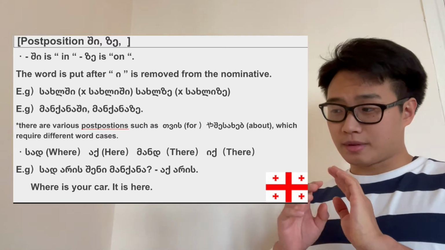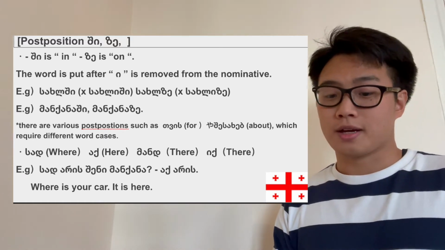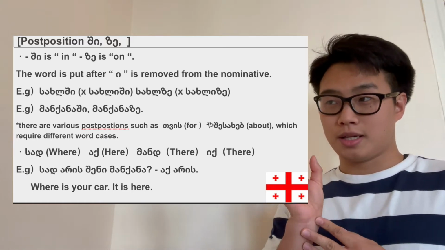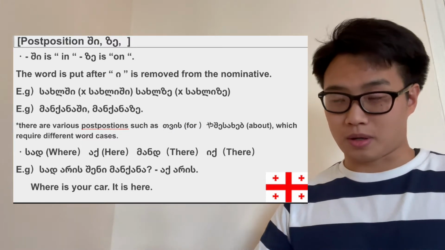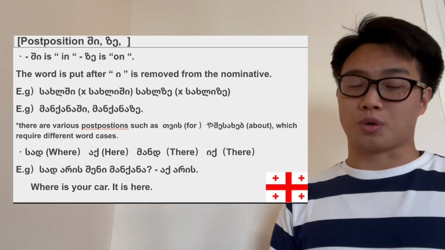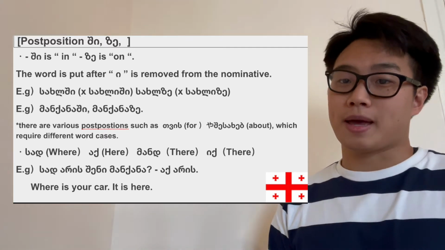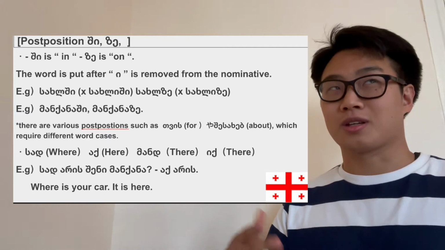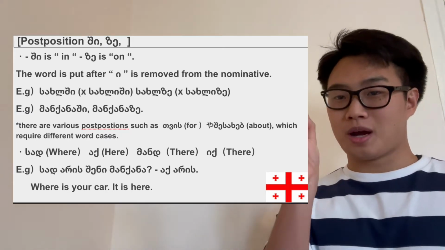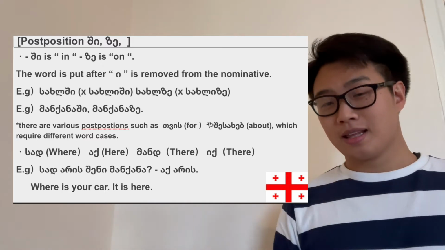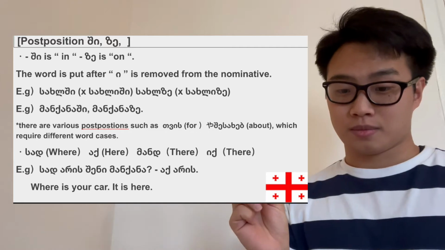And there's one rule that we have to keep in mind. If the nominative case of the word ends with i, we have to get rid of this i, and then we can combine the word and the postposition.